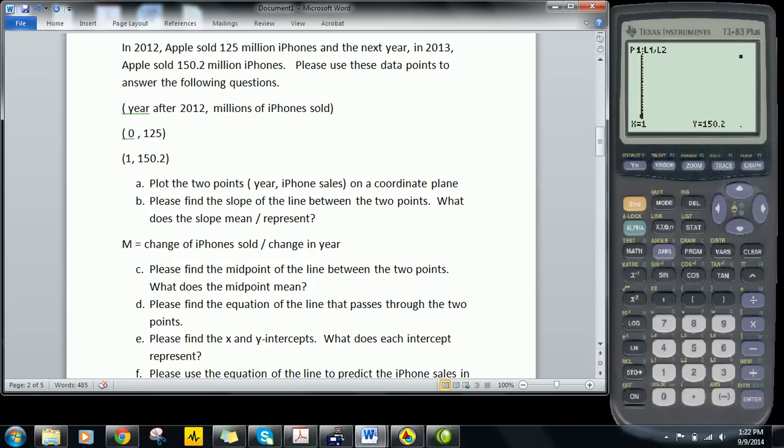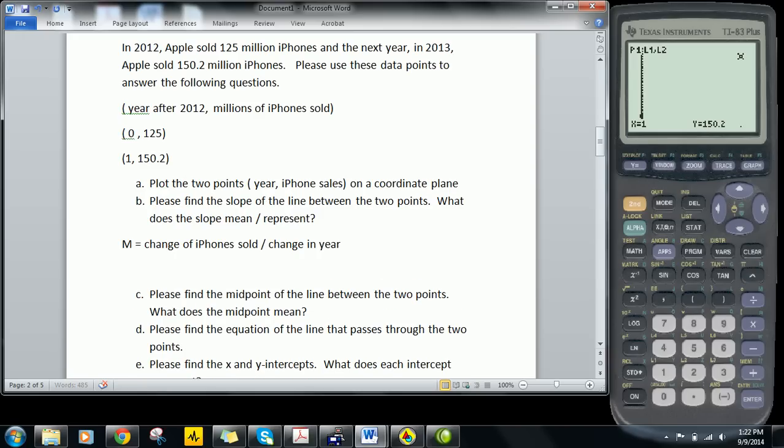Right? So what I want to establish is, how can I quantify those values? Change in iPhones is just the difference, 150.2 minus 125. And of course, we're in millions, divided by change of x. So 150.2 minus 125 divided by 1 minus 0. And of course, that's 1, but we'll write it out.